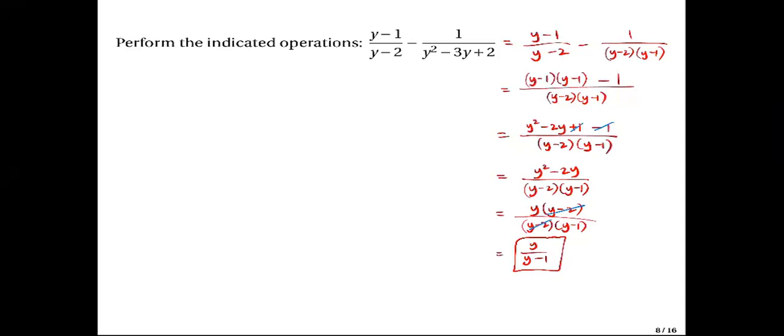Okay, so let us move to our next problem here. Simplify, expressing the final result with positive exponents only. Okay, so for this, we just apply laws of exponents. I'll just put some arrows here, so I don't have to copy.